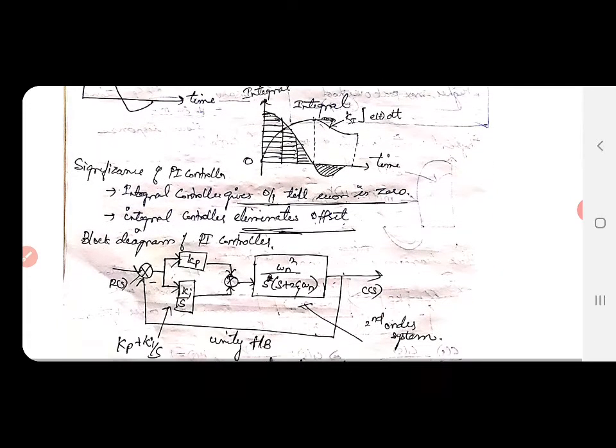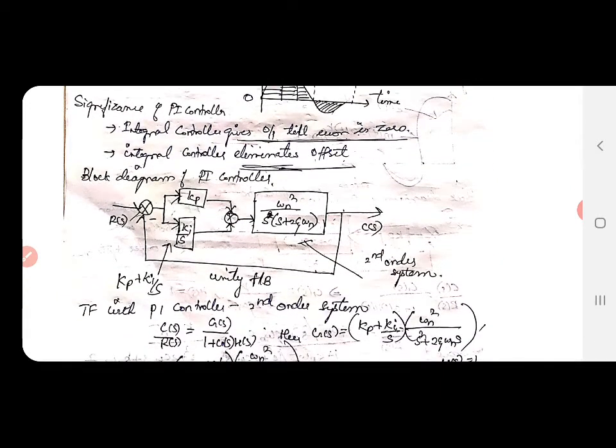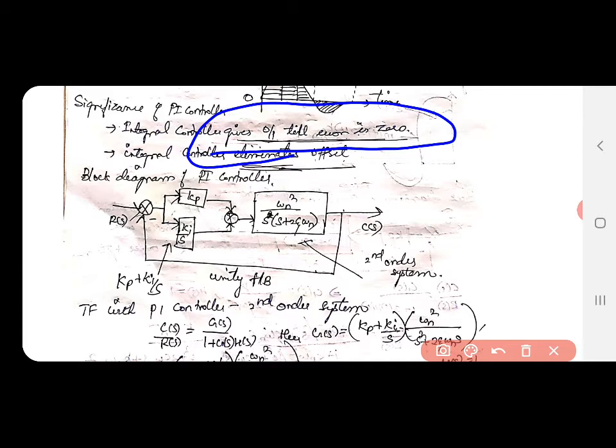Then we know some significance of the proportional integral controller, very important. This line is very important: integral control gives output till the error is 0, that is, up to steady state.